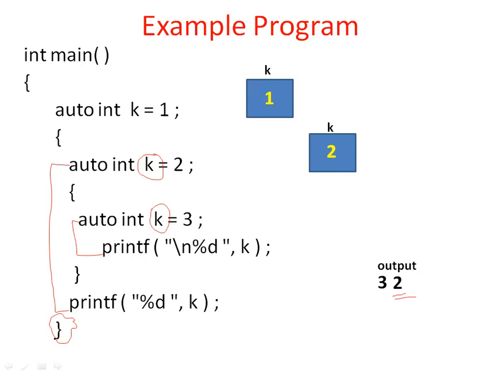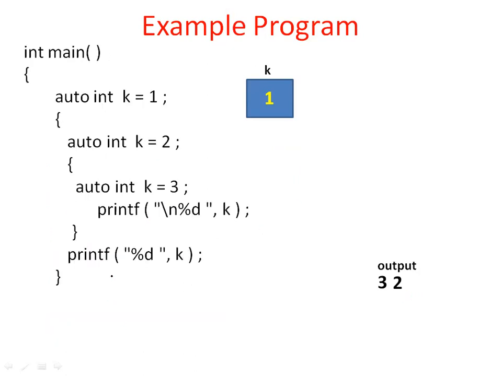Once the control leaves this block, immediately the memory for this k will be released. So this is removed from the memory. After printing this and reaching this closing brace, the memory for this k will be removed here.